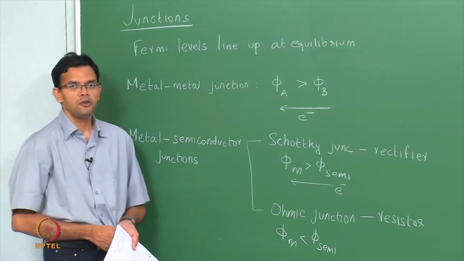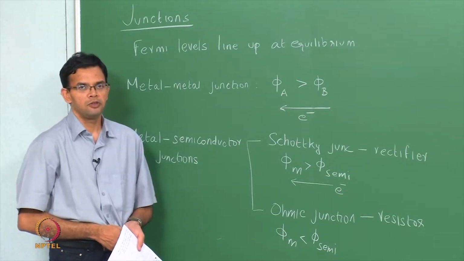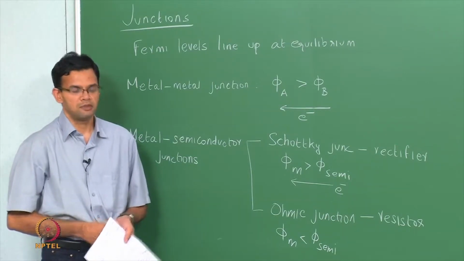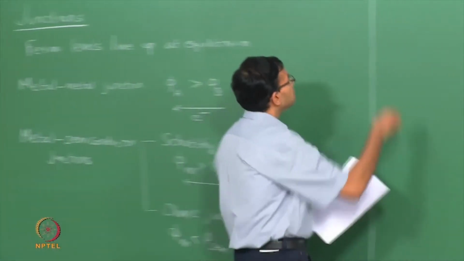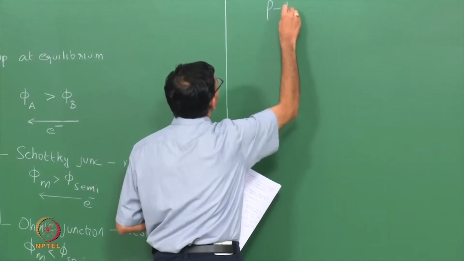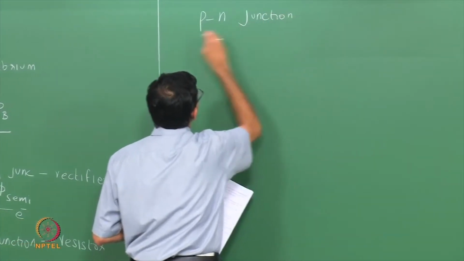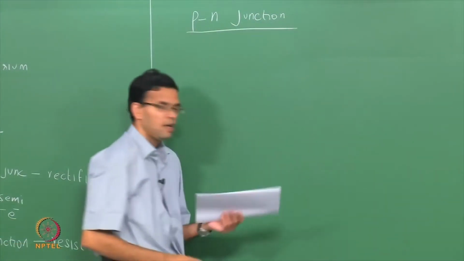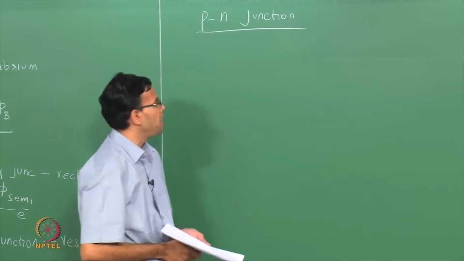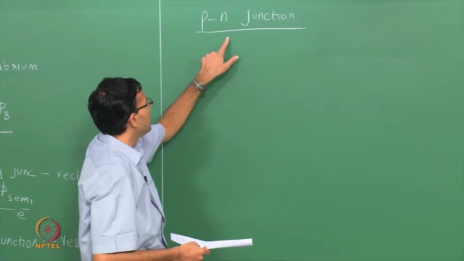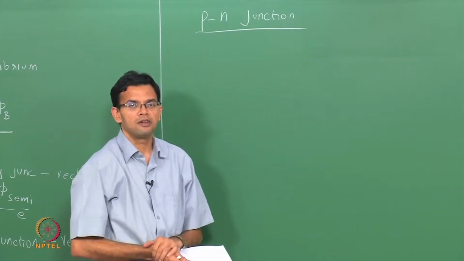Today, we are going to look at a junction between two semiconductors. So, we are going to start with a p-n junction. As the name implies, a p-n junction is formed between a p-type semiconductor and an n-type semiconductor.